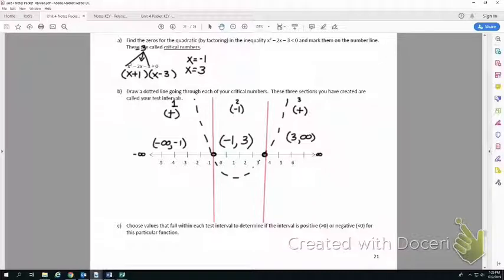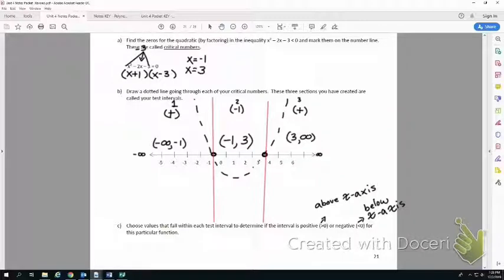So make sure that you know greater than 0, that's positive, but that's asking for the part of the parabola that is above the x-axis, or above the number line, however you want to see that. So anytime it's greater than 0, you're going to be looking at sections 1 and 3 for your answers. If it's less than 0, that is going to be the part of the parabola that is below the x-axis.